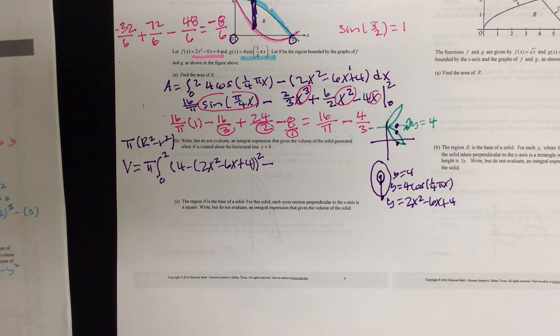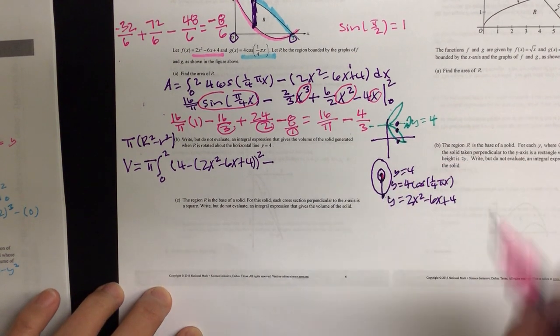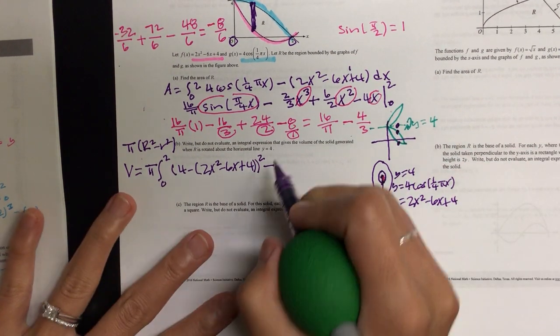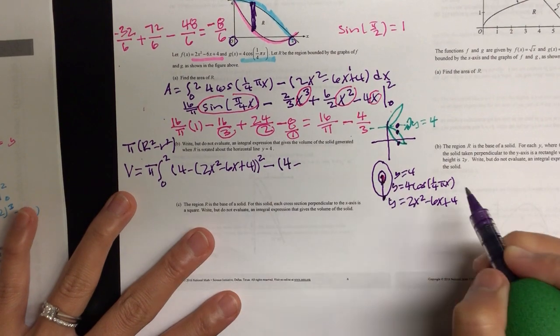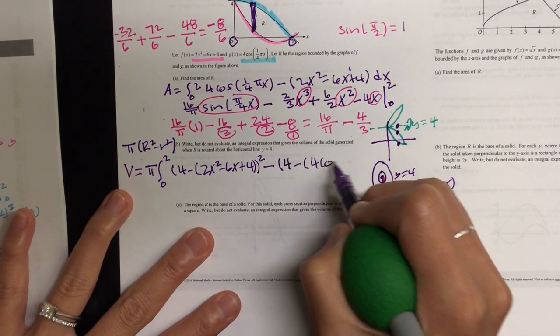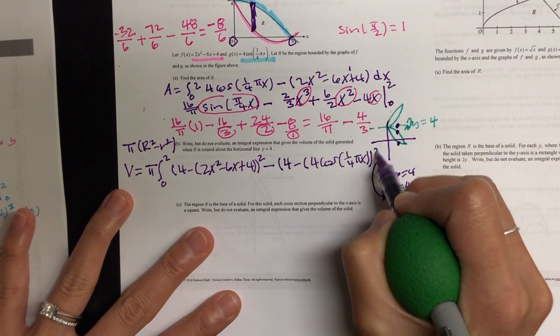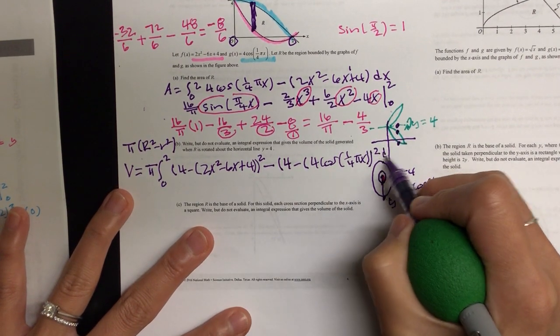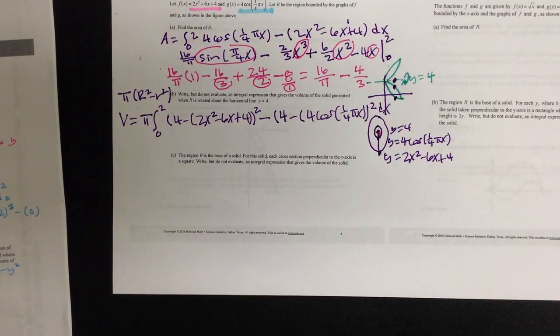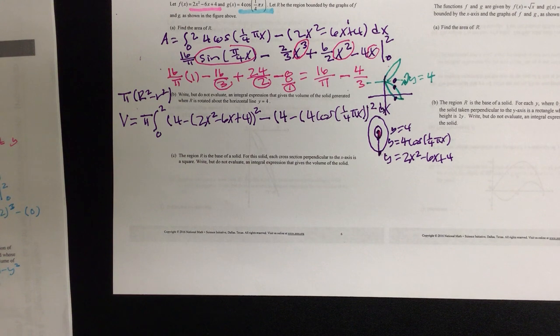For the bottom one, or the small one, it's going to be this piece right here. So that's going to be top minus the bottom again. 4 minus the cosine of 1/4 pi x, squared. And of course we need our dx. Okay, questions on that one? Good? Okay, the last part.